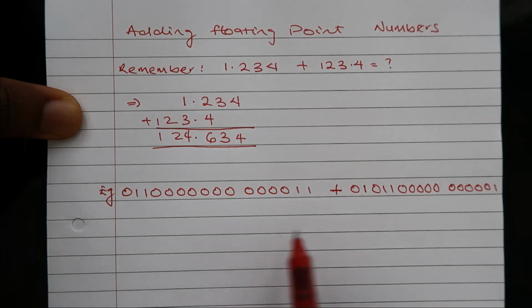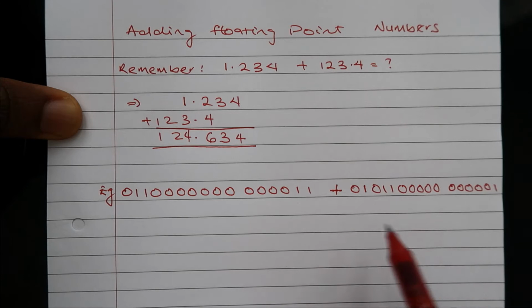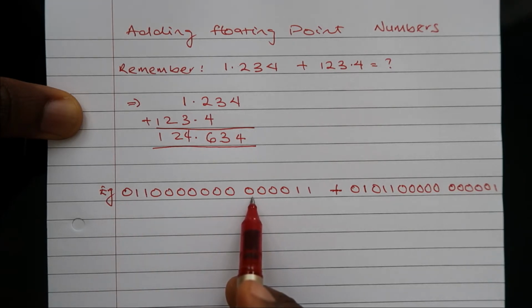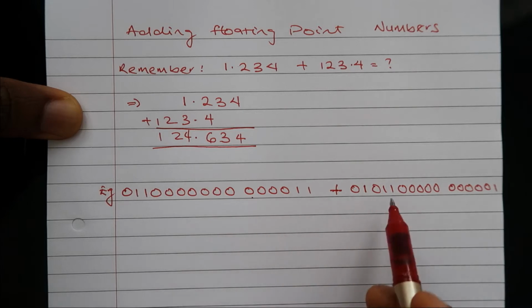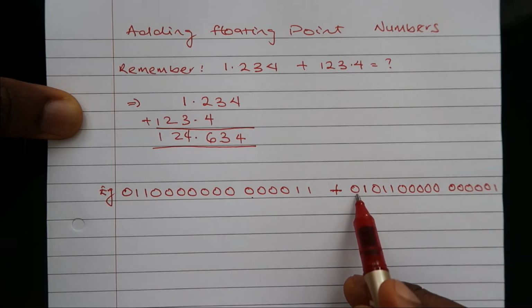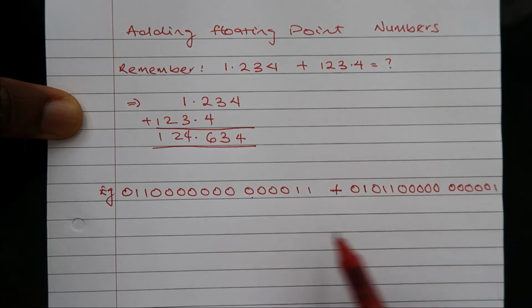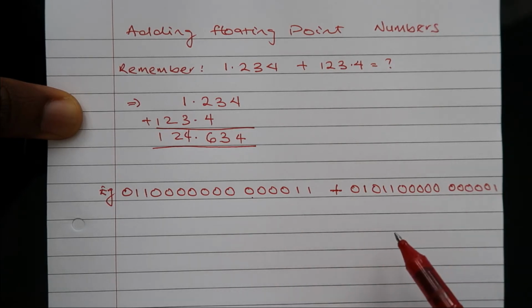Looking at these values, I know that this is a positive mantissa and a positive exponent, and the second value is also a positive mantissa because it begins with 0, and a positive exponent again because it begins with a 0. So there is no need for me to represent any of these values in 2's complement form.